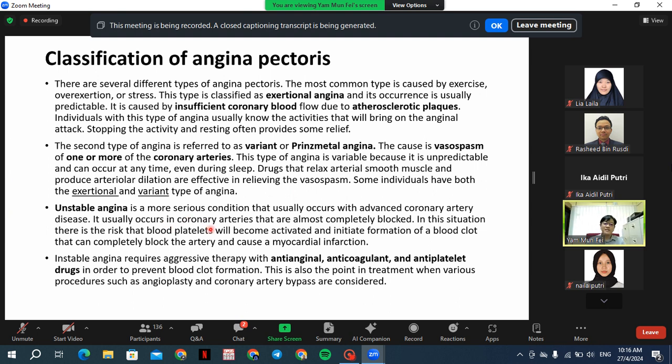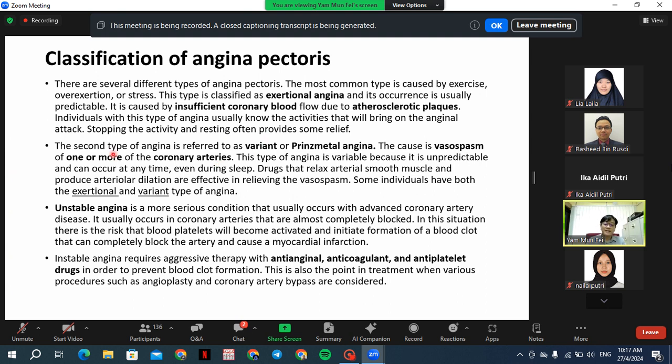Okay, clear? So the second type of stable angina we call Prinzmetal angina, due to vasospasm. Vasospasm means that vasoconstriction happens suddenly in your coronary artery. It normally happens during nighttime, after the patient sleeps, and it passes away just like that.